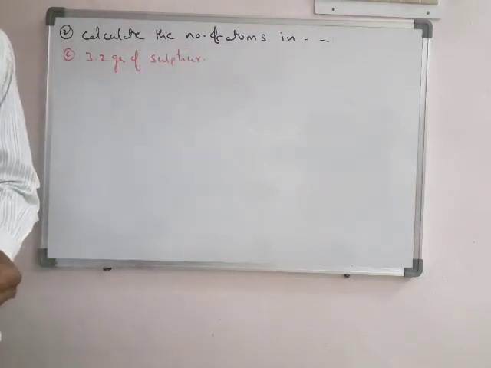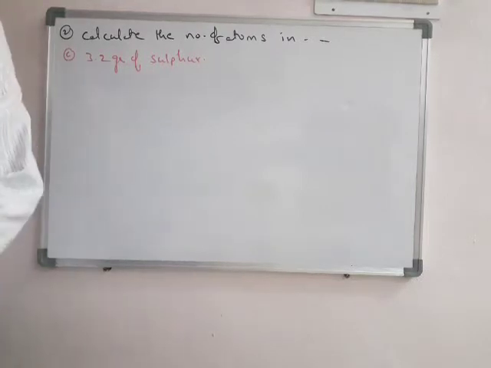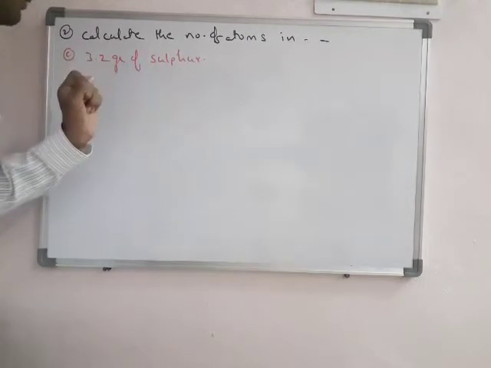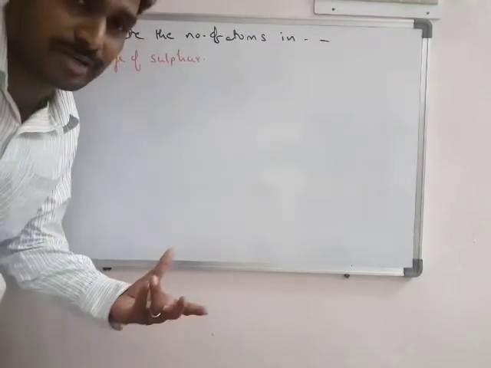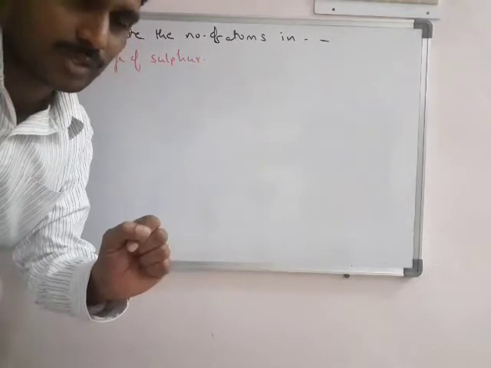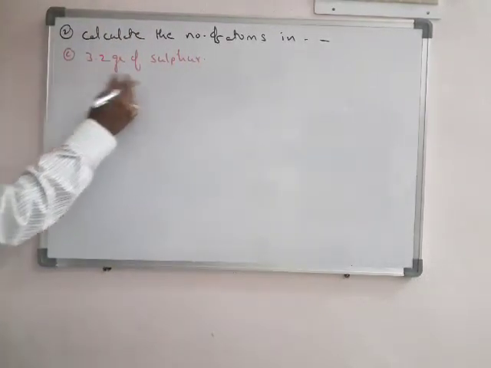Number of atoms in 3.2 grams of sulfur we need to calculate. Sulfur may be present in different forms, but general simple sulfur అంటే we took as S. So 3.2 grams.